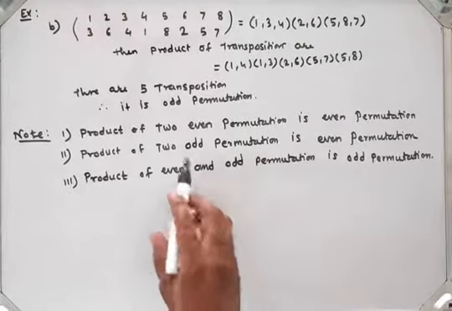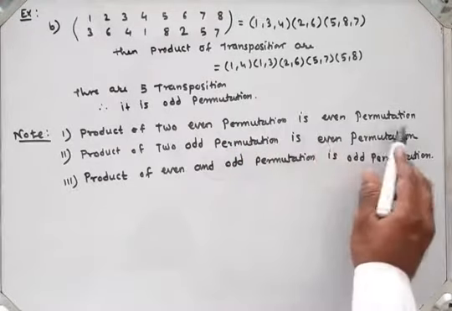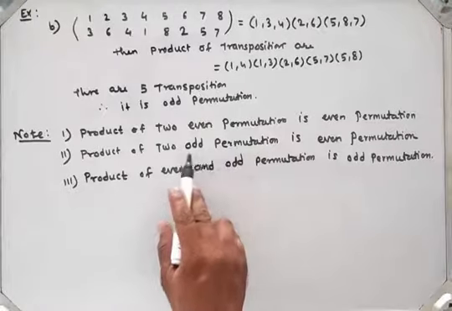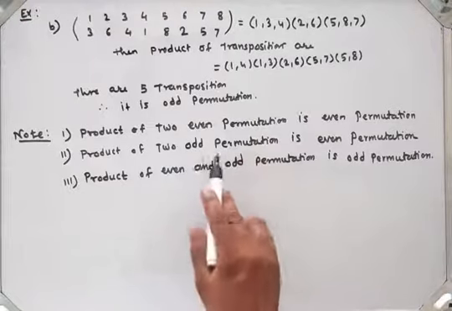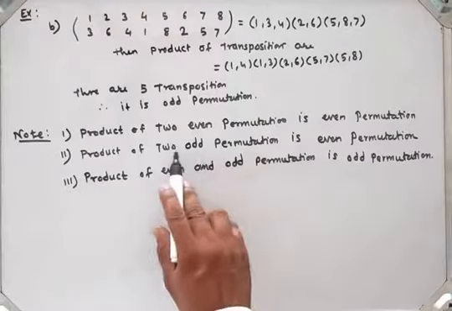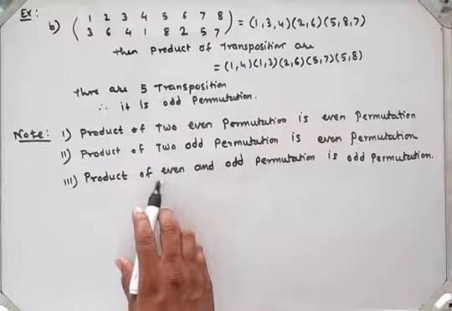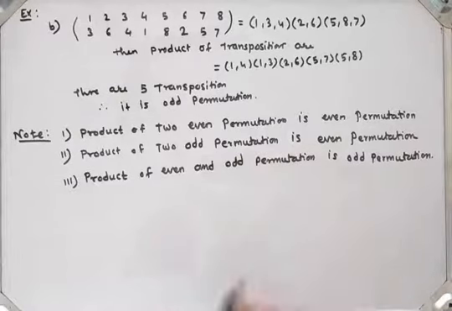It means if we have two even permutations, then their product is again an even permutation. And if we have two odd permutations, meaning an odd number of transpositions, then the product of two odd permutations is again an even permutation. But if one is an even permutation and the other is an odd permutation, then their product is an odd permutation.